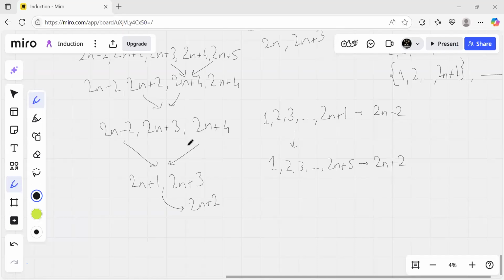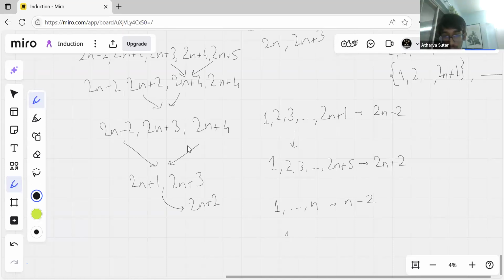And after some time, you can get n minus 4 out of the first group, assuming that from 1 to n you get n minus 4 in the group of 1 to n minus 2.